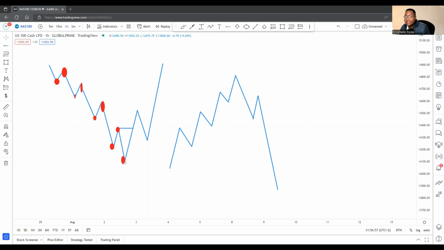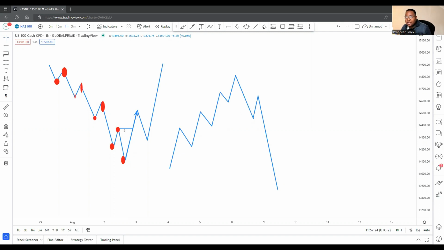Once the market has done that and starts to give us a change, the first sign that we may get is when the market breaks the last lower high in a bearish market. Once it breaks that lower high, we refer to it as a change of character. What it simply means is that the market is changing in terms of trend.